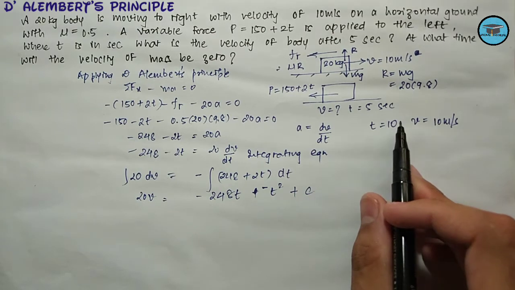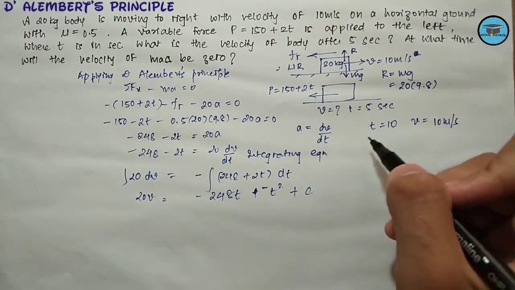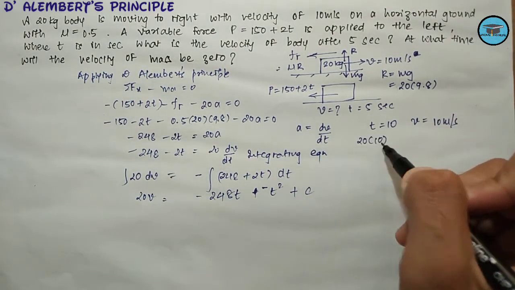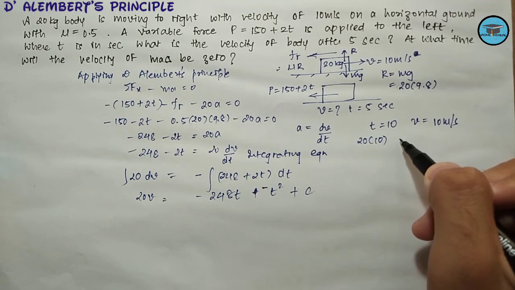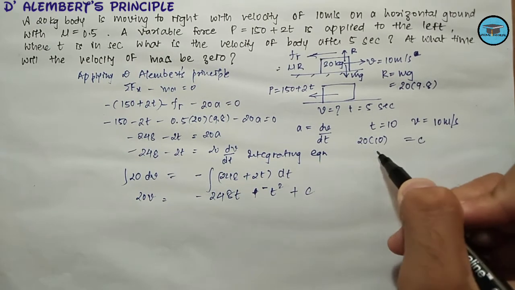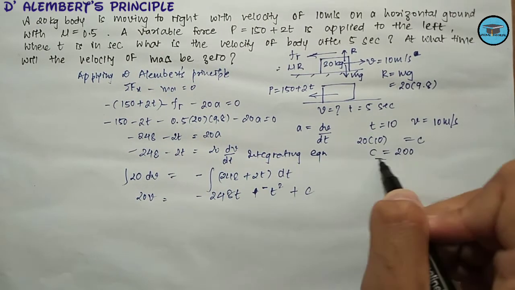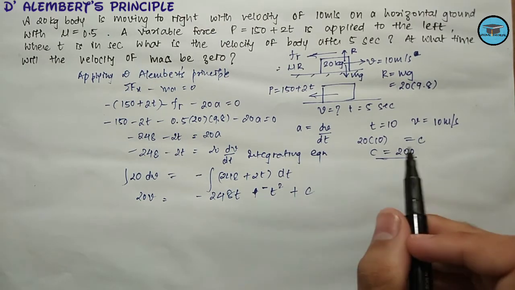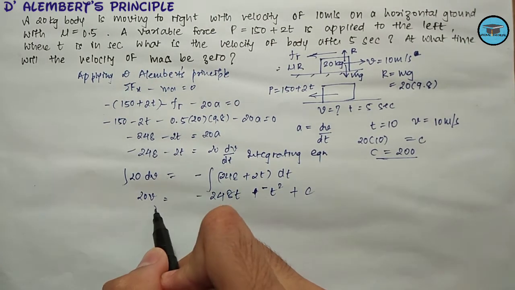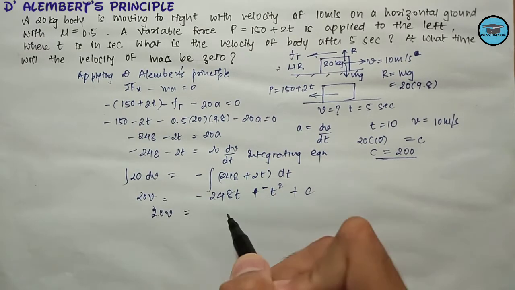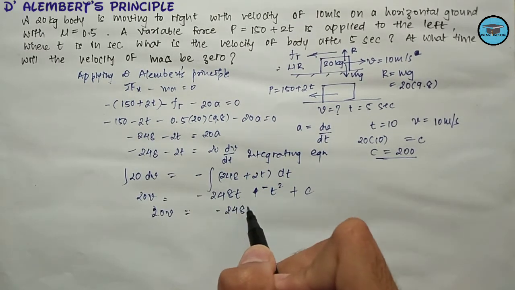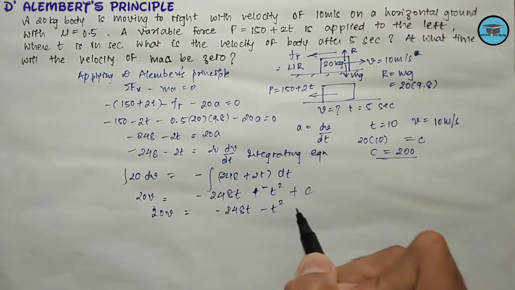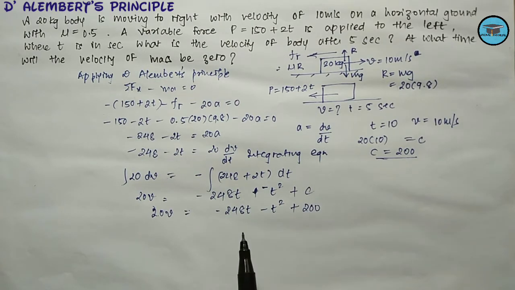Placing this condition in the equation, we get 20 into 10 equals c, so the value of c comes out to be 200. Now placing this value of c in the equation, we get 20v equals minus 248t minus t square plus 200.